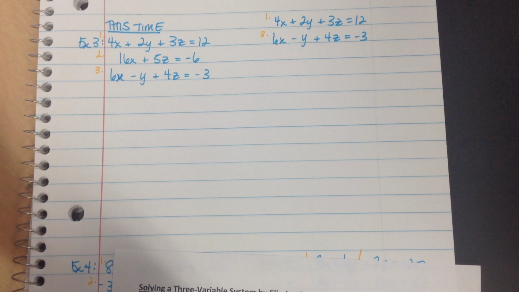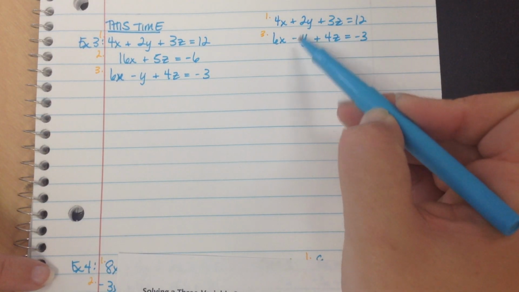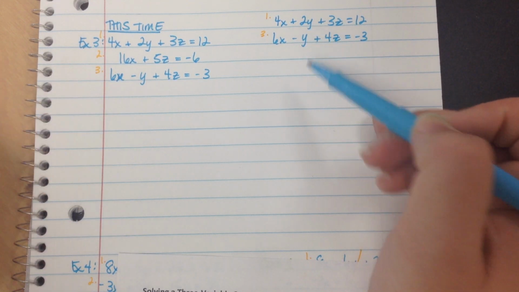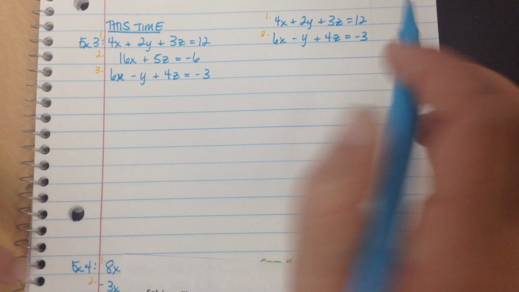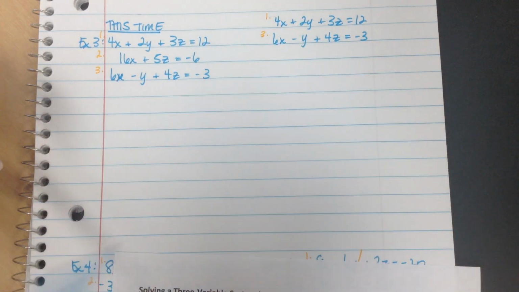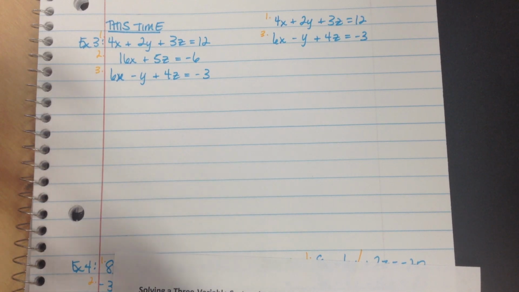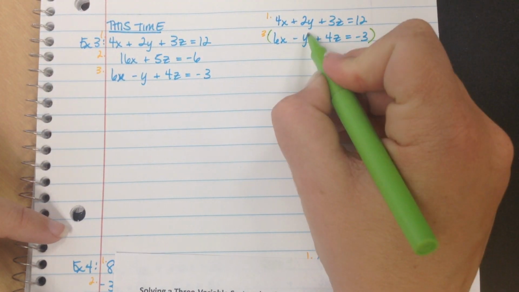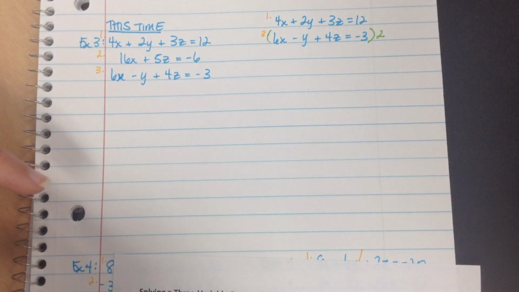You don't have to choose these two equations. These are the ones that I chose because my y is positive and this one's negative. Yes, I am going to have to do some multiplying, but at least I don't have to worry about that. So in order to get these things to cancel, I'm going to need this bottom equation to say -2, and currently it says -1. That means I'll need to multiply the whole equation by 2.